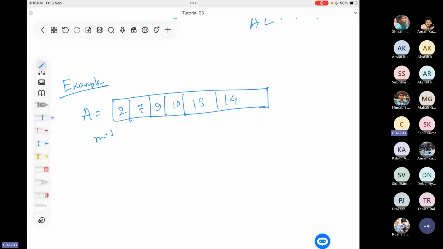What is the middle element? It's an even number of elements, so you can select either 9 or 10 as the middle element. Let's say 10. You can easily choose 9. Both are okay.